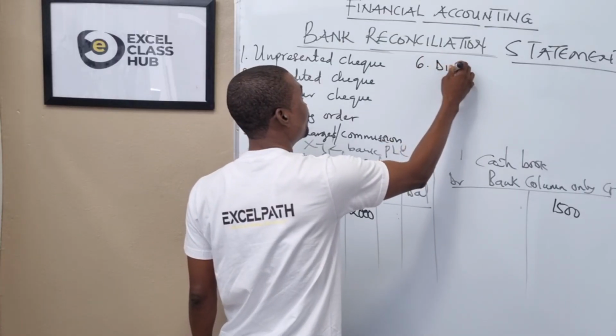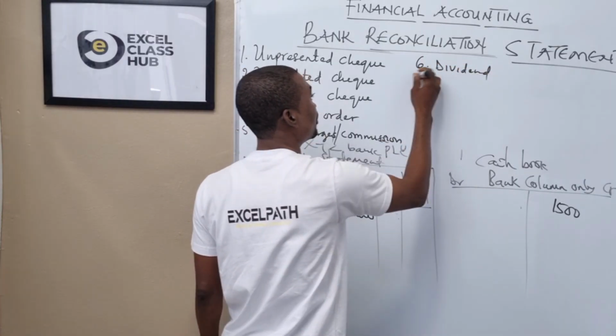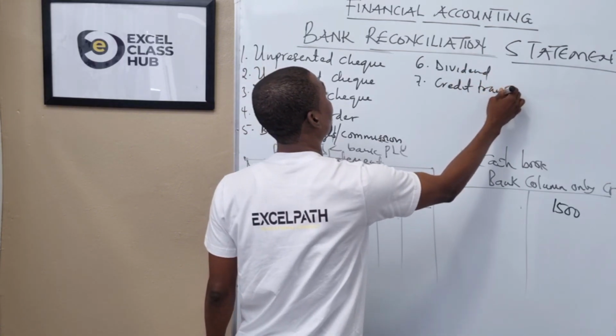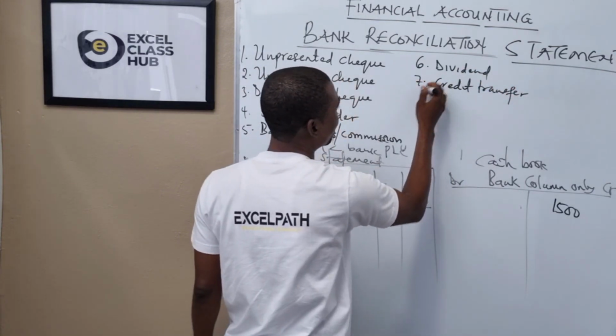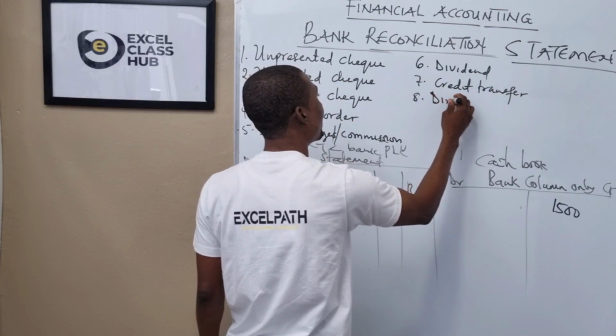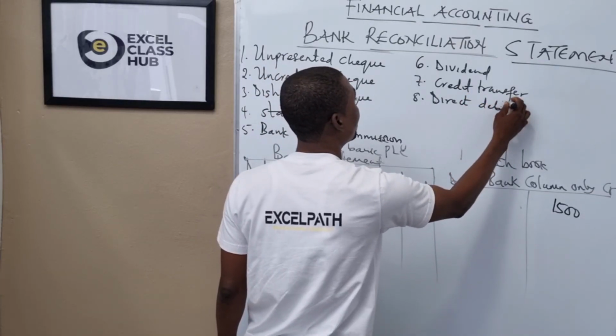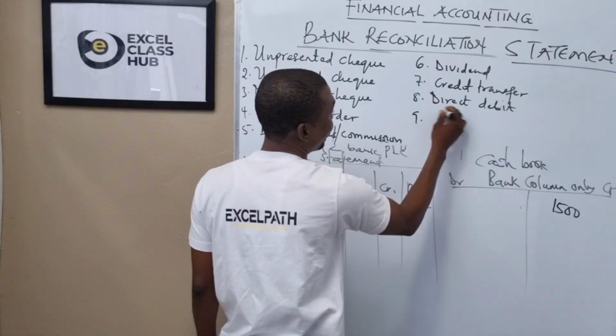Number six, you have dividends. Number seven, you have credit transfer. Number eight, you can have direct debit. Then nine, you have casting error.